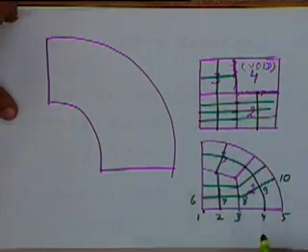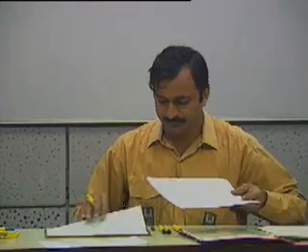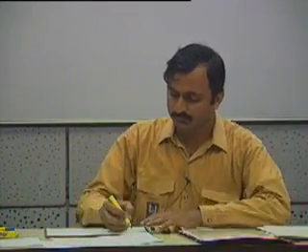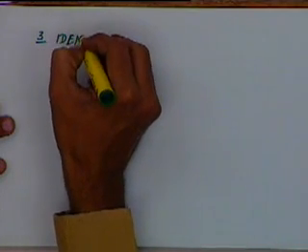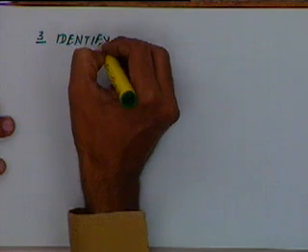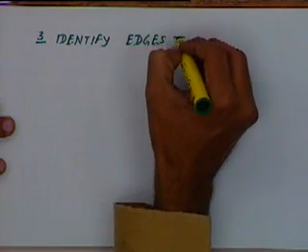And once you have identified the void block, the next step is to identify edges to be merged.